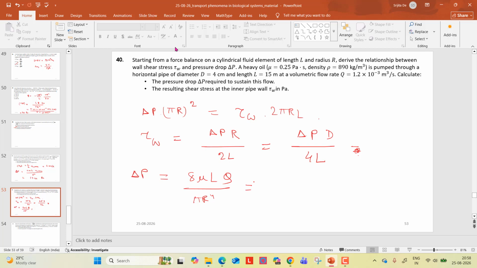R is 2 centimeter, that means 0.02 to the power 4.